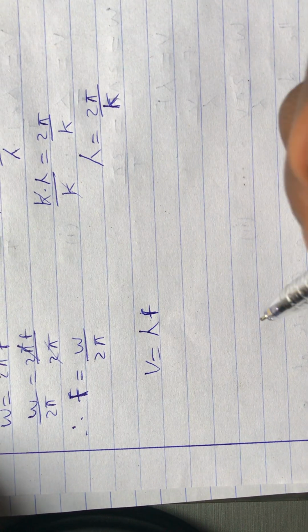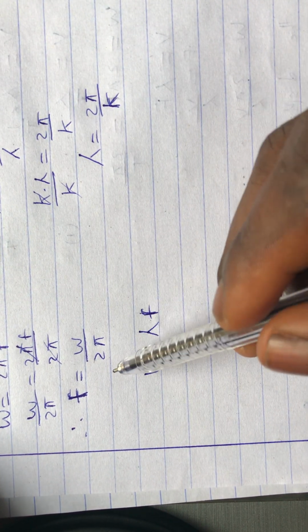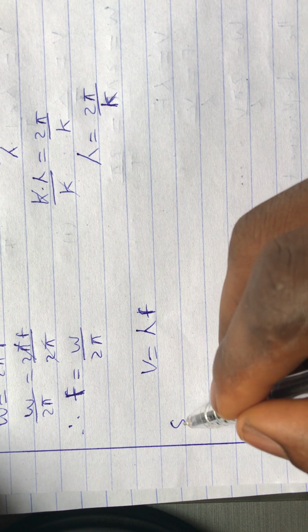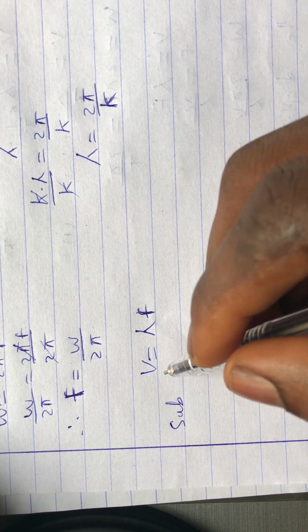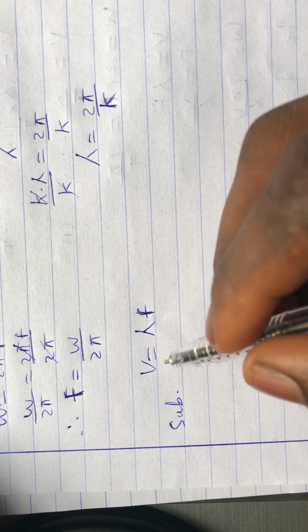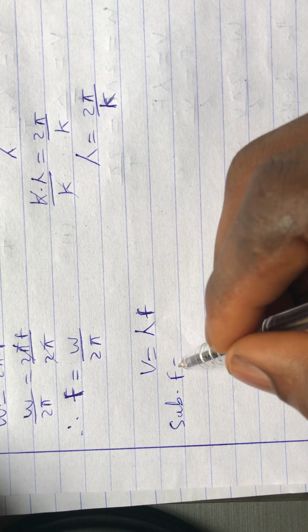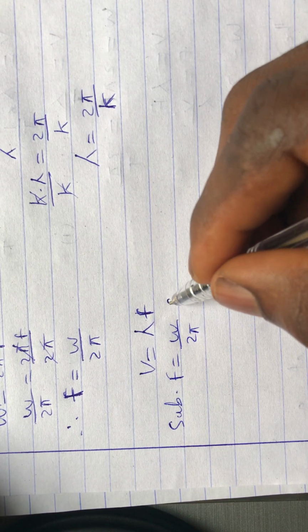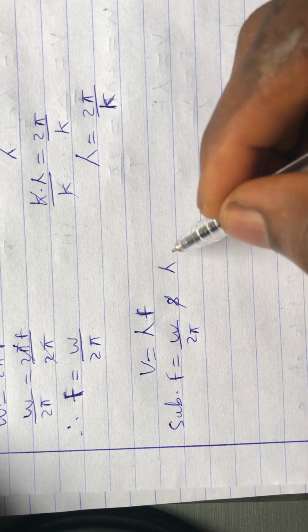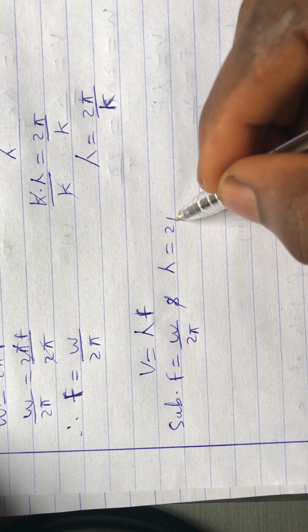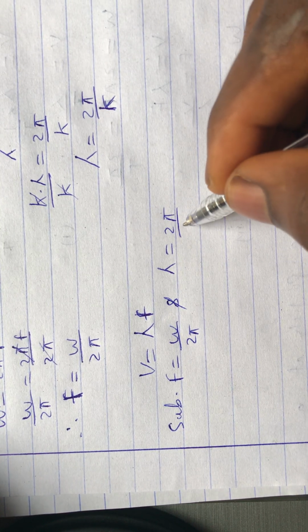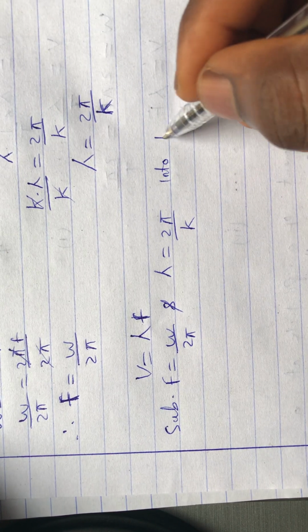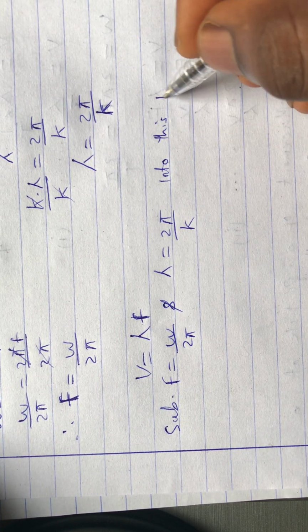Now let me substitute f equals W all over 2 pi, and lambda equals 2 pi all over K, into this formula.